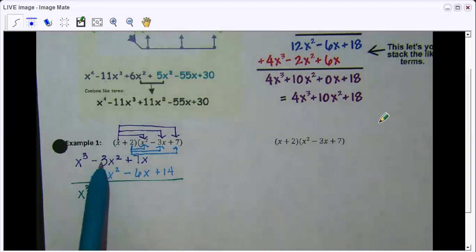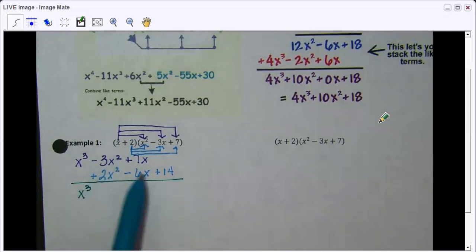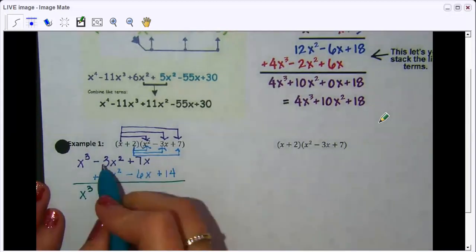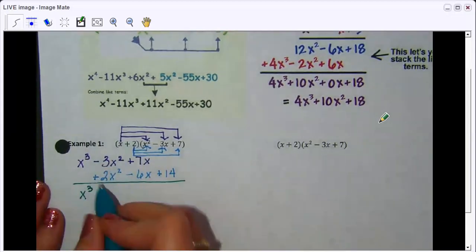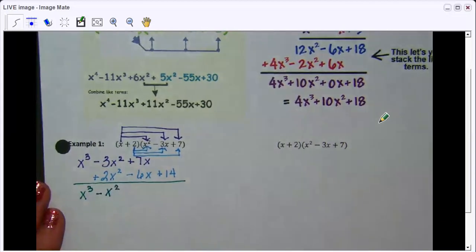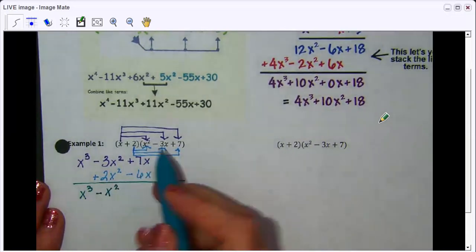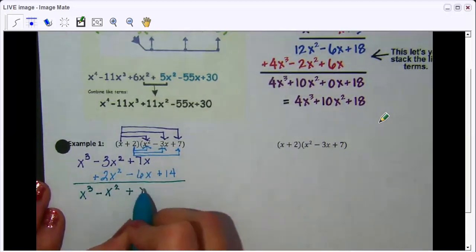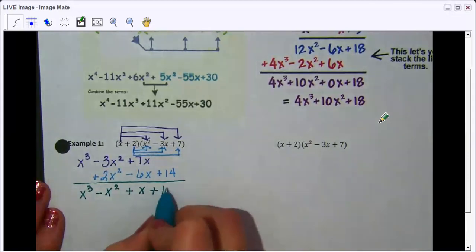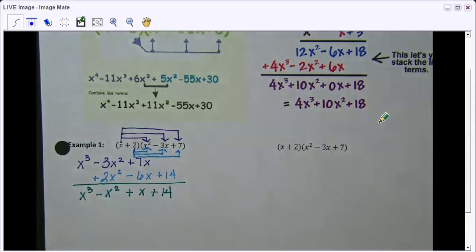I can't combine 3x squared with 6x because this x isn't squared, but I can combine these two. So negative 3x squared plus 2x squared is a minus 1x squared, or negative x squared. 7x minus 6x is positive x. And then nothing plus 14 is just 14. And that is your final answer right there.